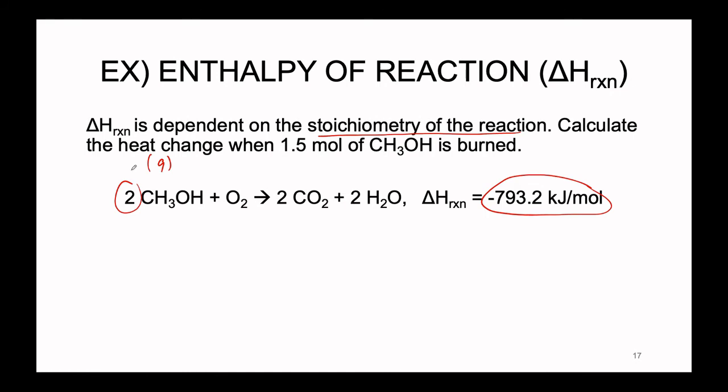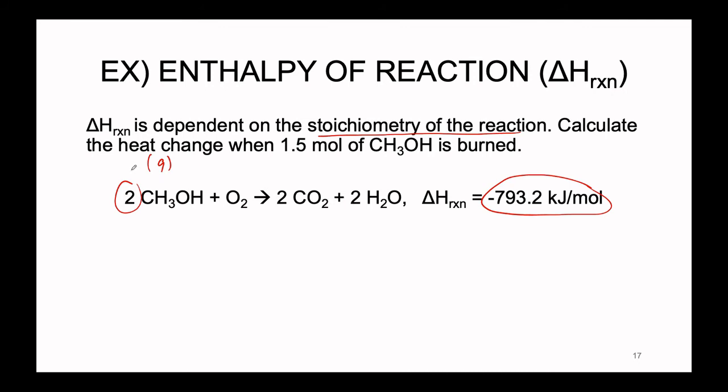If we want to get rid of this 2, we're going to have to, as we've seen before, since all of these coefficients are just ratios of reactants and products, if we want to get rid of a coefficient, you can't just erase it, you can't subtract it out, we have to divide.